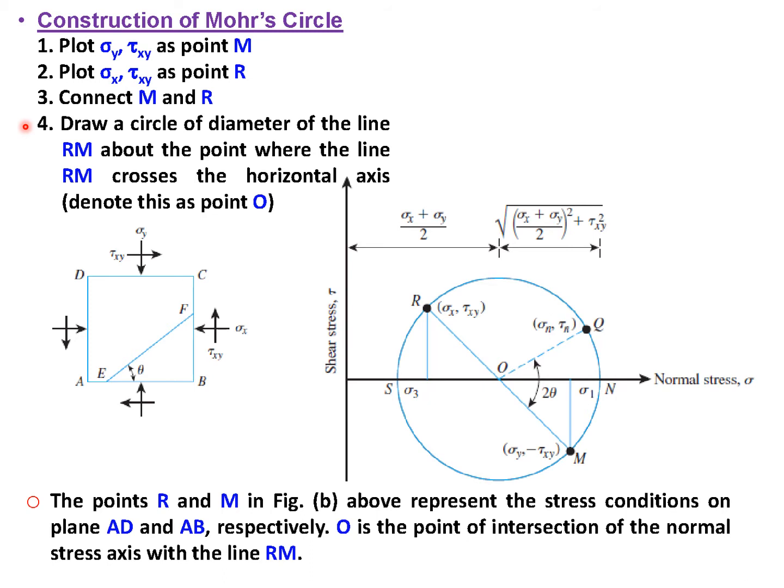Denote this as point O. The points R and M in figure B above represent the stress conditions on the planes AD and AB respectively. O is the point of intersection of the normal stress axis with the line RM.